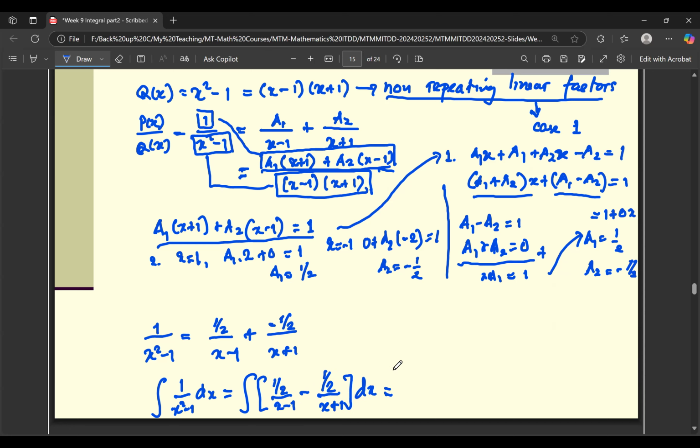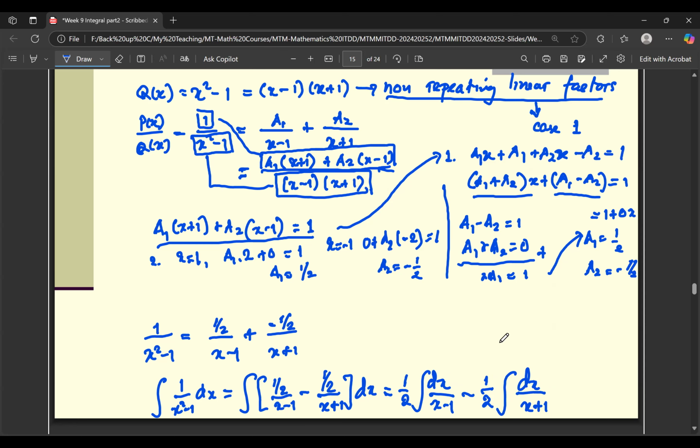Now, of course, we can simplify this integral by pulling out 1 over 2 from the integral. We have 1 over 2 integral dx divided by x minus 1, and minus, you can pull out 1 over 2 also from the second integral, dx divided by x plus 1.